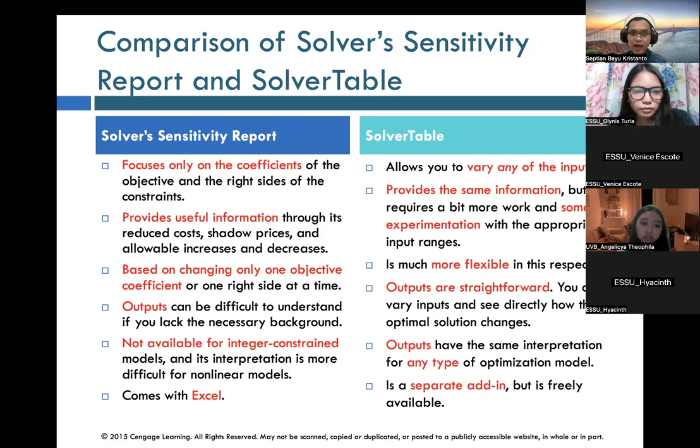Sometimes it provides some information between the solver table and the solver sensitivity reports. But the solver table creates some experiments, so you can choose from more options than you can use in sensitivity reports. So the solver tables are more flexible than your sensitivity reports.